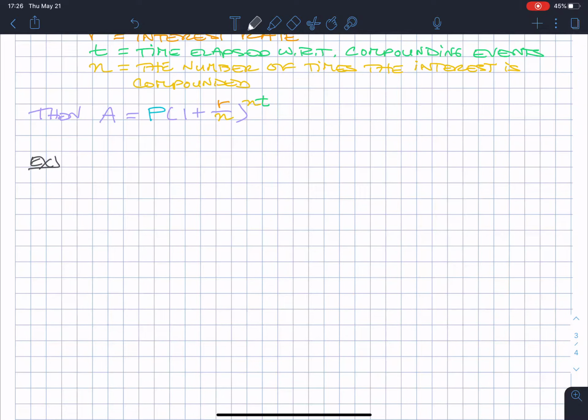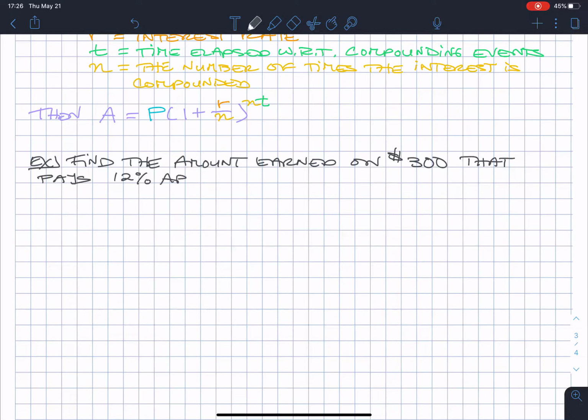Find the amount earned on, let's say, $300 that pays 12% APR, compounded monthly, after 3 years.